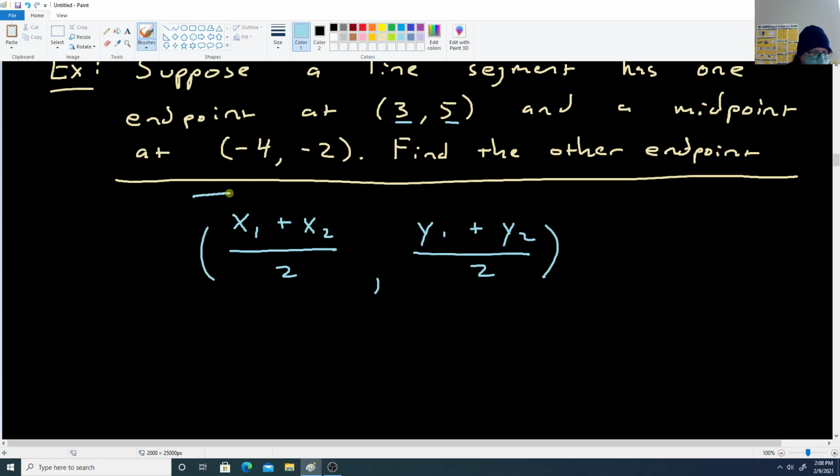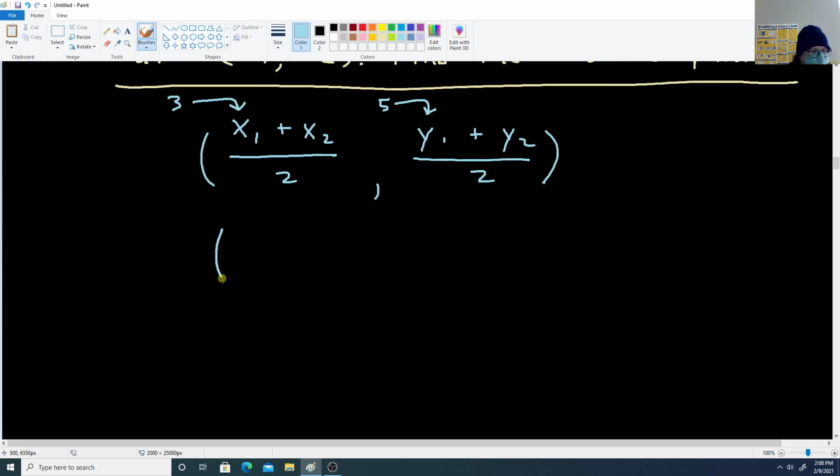So 3 is going to plug in for x1, and 5 will plug in for y1. So now what we have is 3 plus x2, x2 is the unknown endpoint, over 2, and 5 plus y2, the unknown y value of the endpoint, over 2.